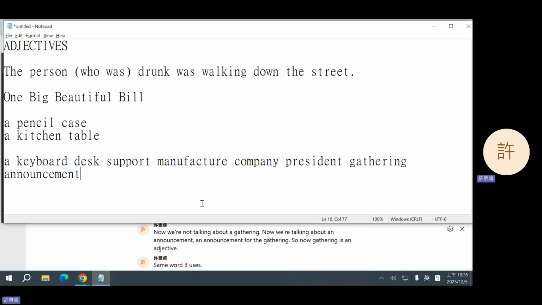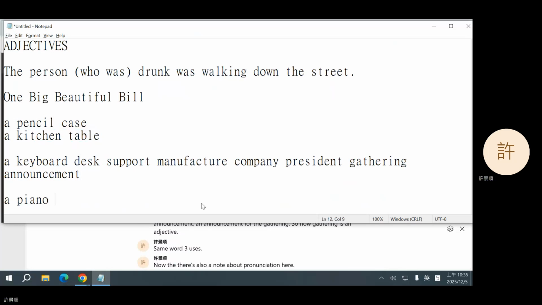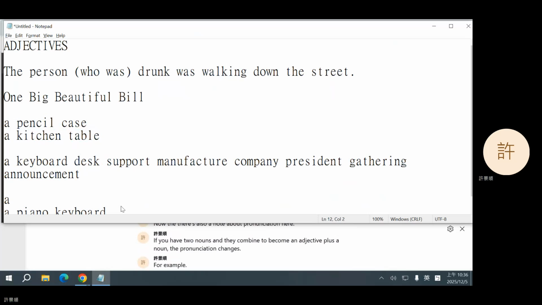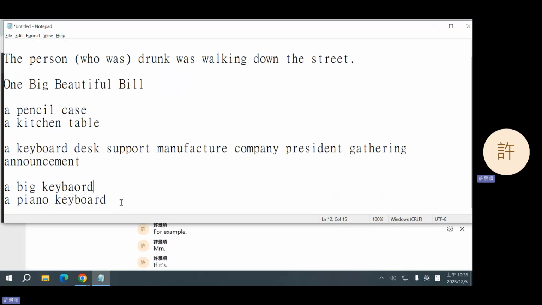Now, there's also a note about pronunciation here. If you have 2 nouns and they combine to become an adjective plus a noun, the pronunciation changes. For example, if it's a regular adjective, right, a big keyboard, the stress is on key, a big keyboard.